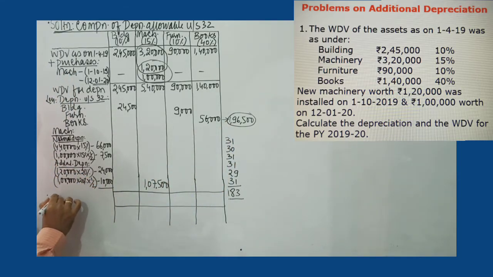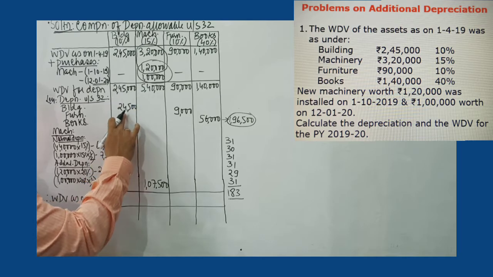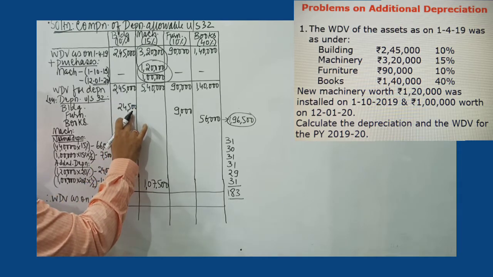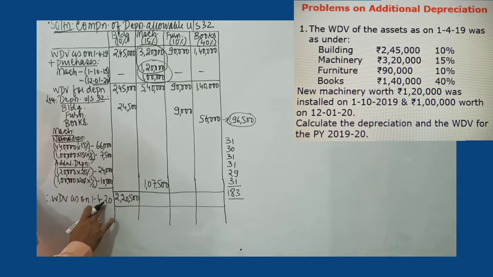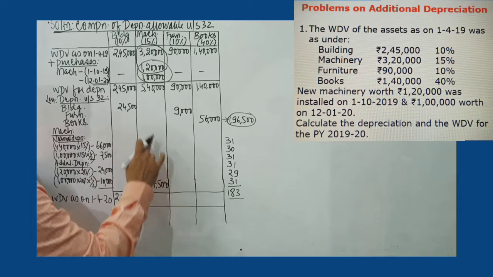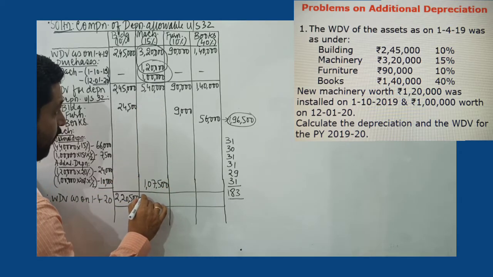Then we end with written down value as on 1st April 20, that is beginning of the year. 2,45,000 minus 24,500. So it will be 2,20,500. That will be the block value of building for the next year. Then we have 5,40,000 minus 1,07,500.